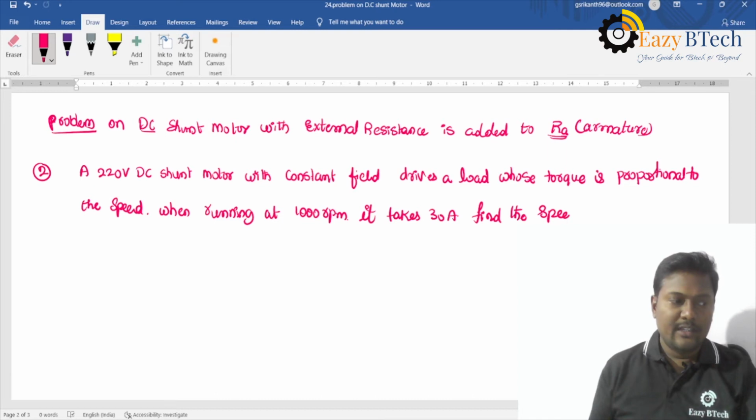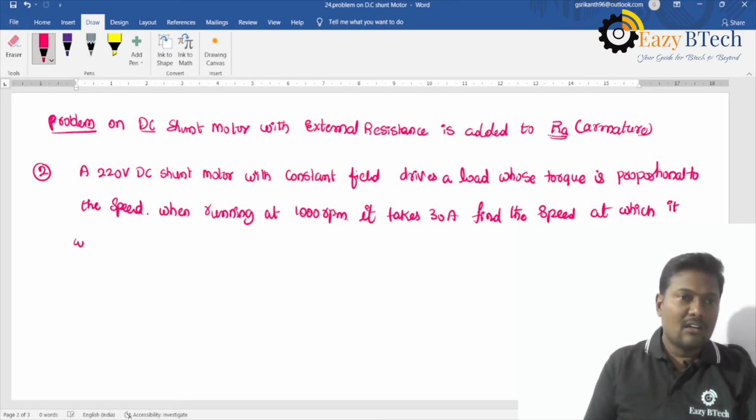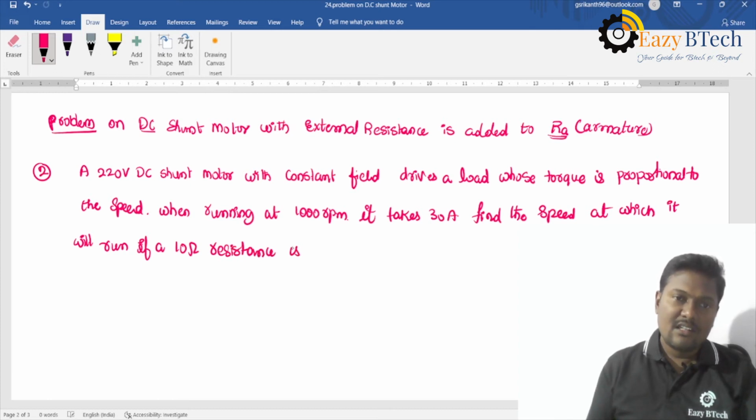Find the speed at which it will run if a 10 ohms resistance is connected in series with its armature.